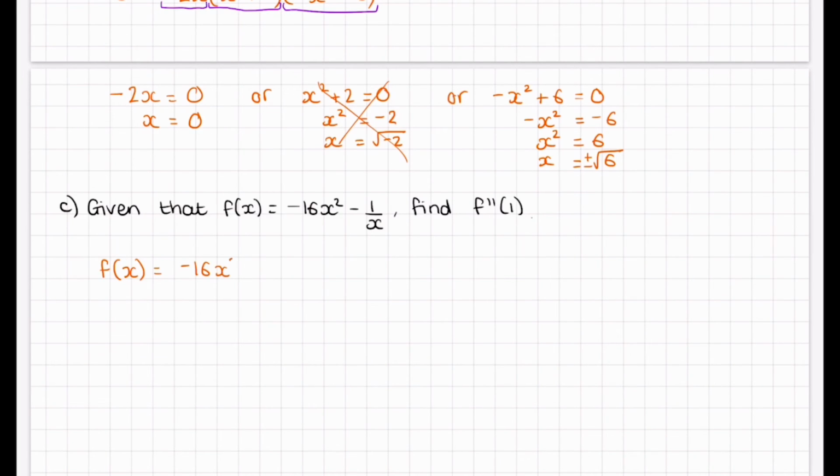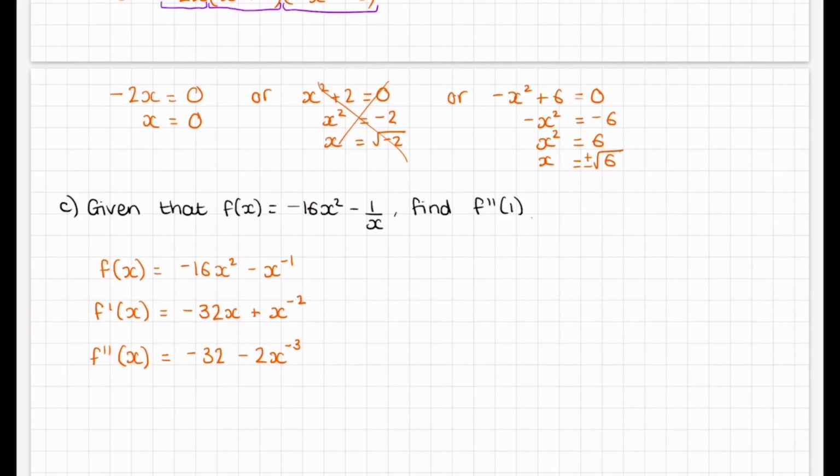So we'll have minus 16x squared minus x to the power of negative 1. Then we can do the first derivative of that, which will give us negative 32x plus x to the power of negative 2. Then we can do the second derivative of that, which will give us negative 32 minus 2x to the power of negative 3.